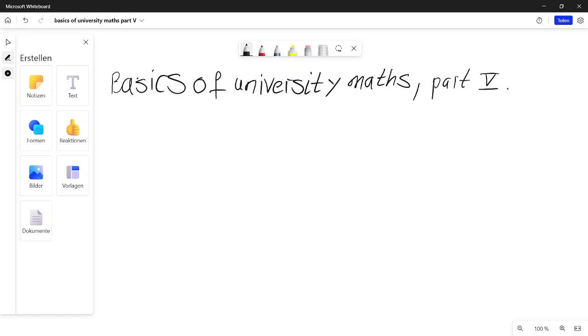All right. So let's dig right in. Sigma notation.